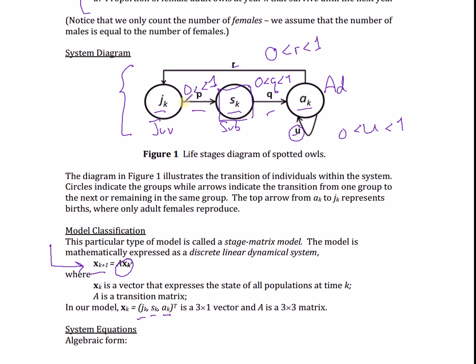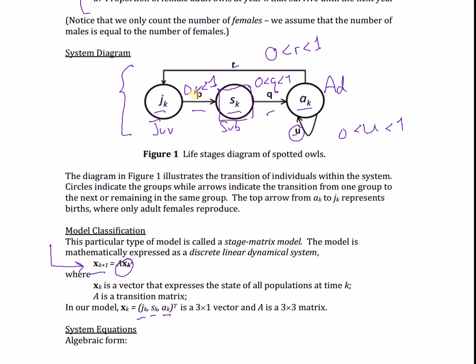This arrow with a P that goes into this category, subadults, indicates that the number of subadults at time K plus 1 should be equal to the number of juveniles at time K times P.